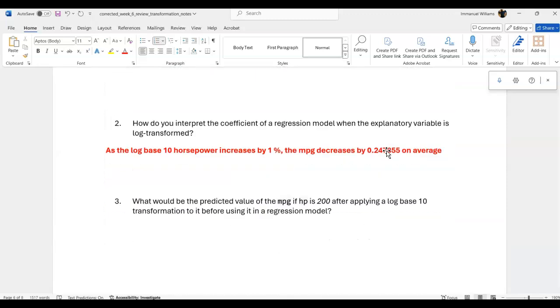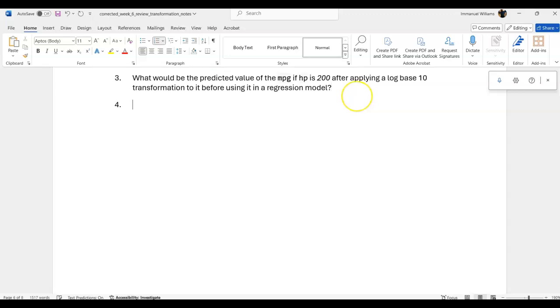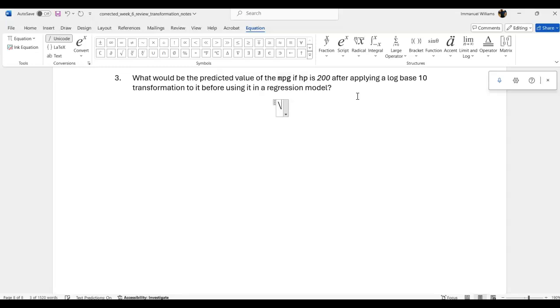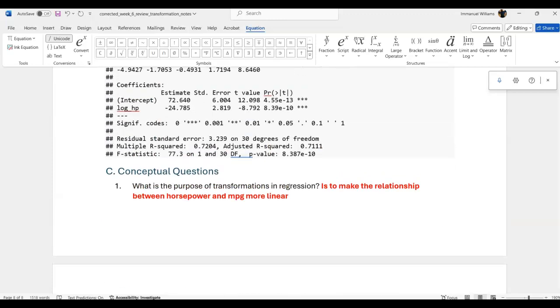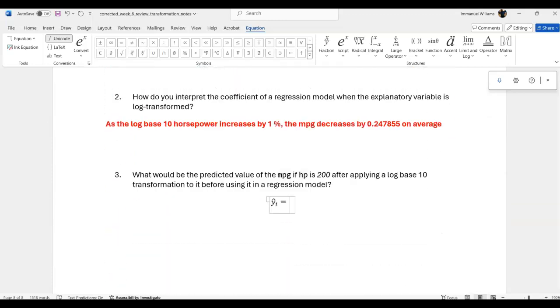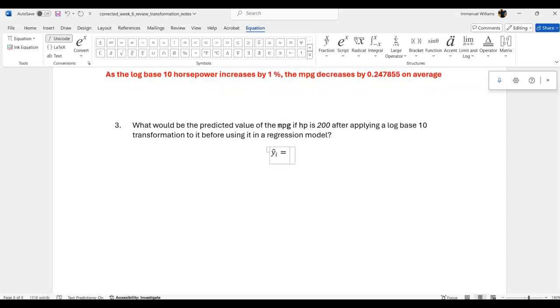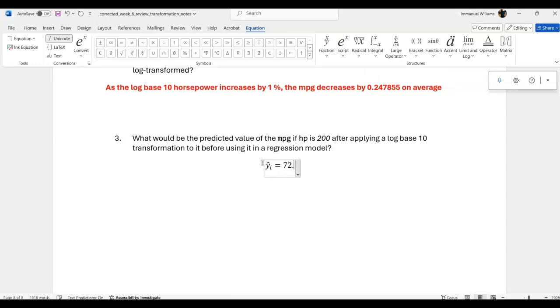So then, since it is, I'm going to take the following equation. I'm going to do y i hat. We're almost done. y i hat is equal to 72.64 minus, it's still 24.